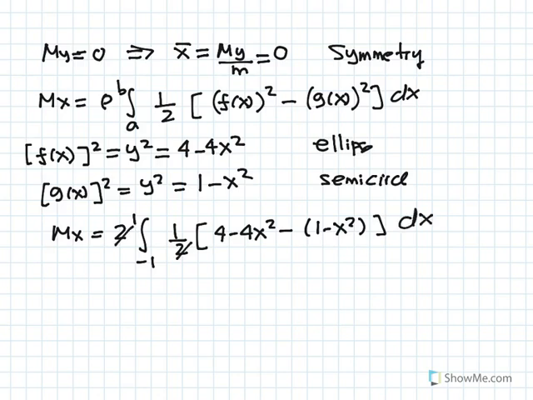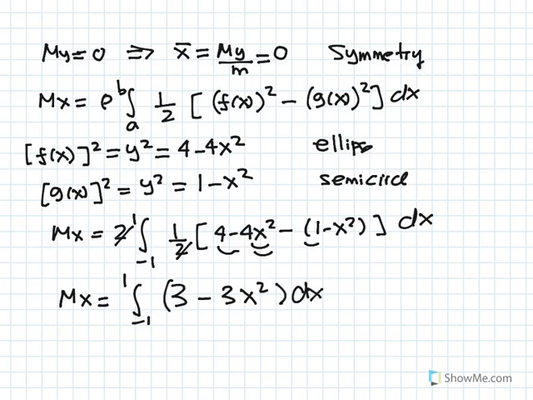The 2 cancels with the 2, so the moment with respect to the x-axis is equal to the integral from -1 to 1, 4 minus 1, that's 3, and we get minus 4x squared plus x squared, which is minus 3x squared, dx.